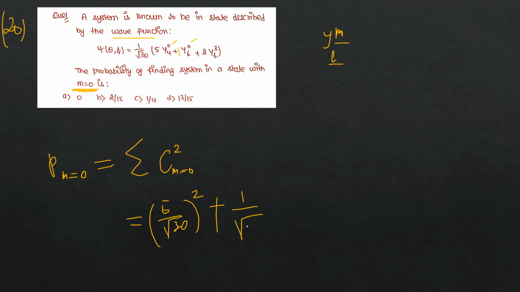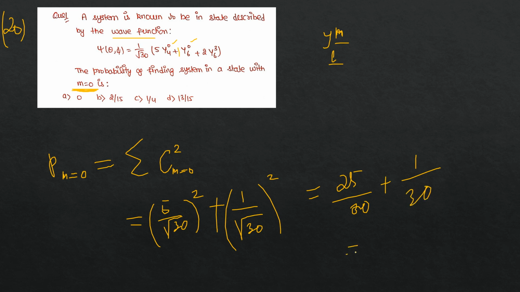So this will be 25 by 30 plus 1 by 30. The answer will be 26 by 30, that is 13 by 15.